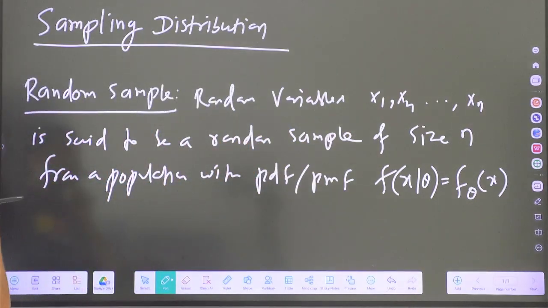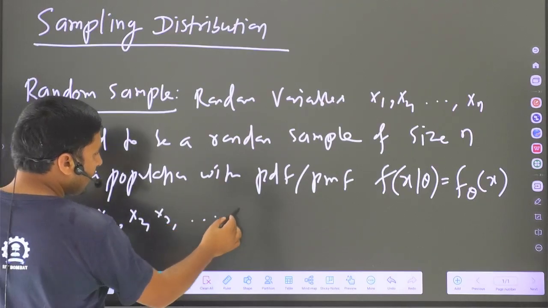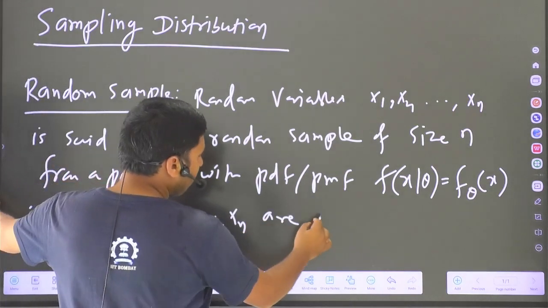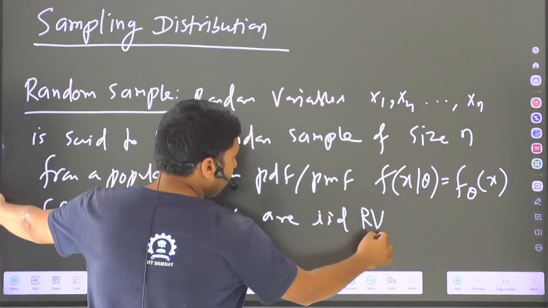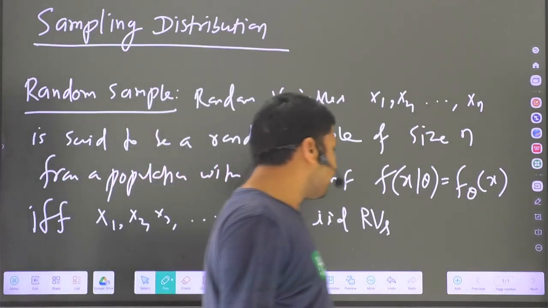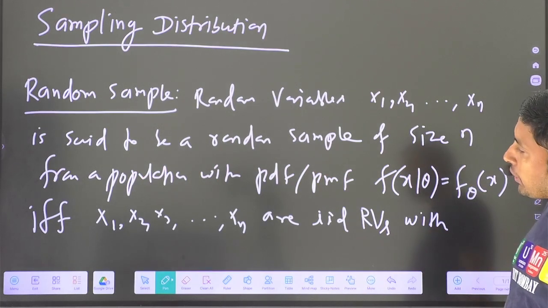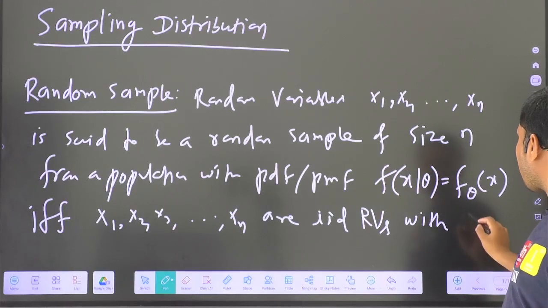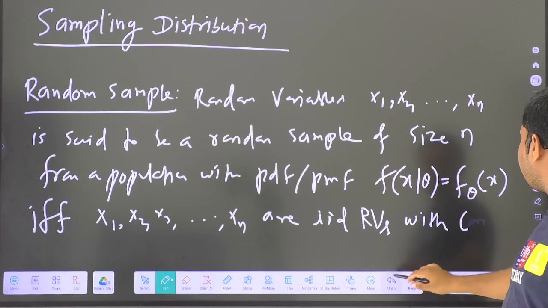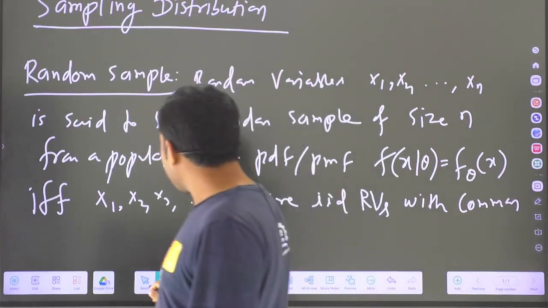The random variables x1, x2, xn are said to be a random sample of size n from this distribution if and only if x1, x2, x3, xn are IID random variables with common PDF or PMF.